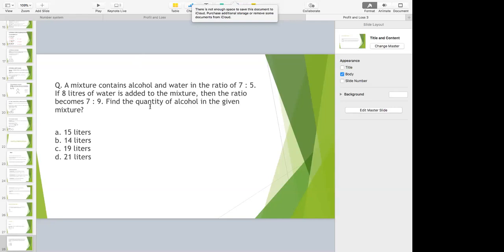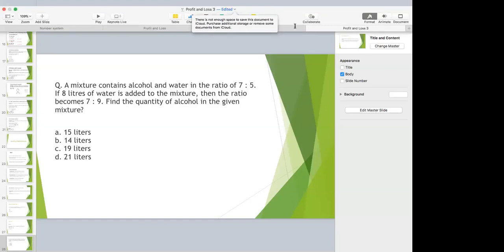And if a ratio of 1 corresponds to 2 liters, then ratio 7 of alcohol will correspond to a quantity of 7 into 2, 14 liters. Right? Is this part clear?